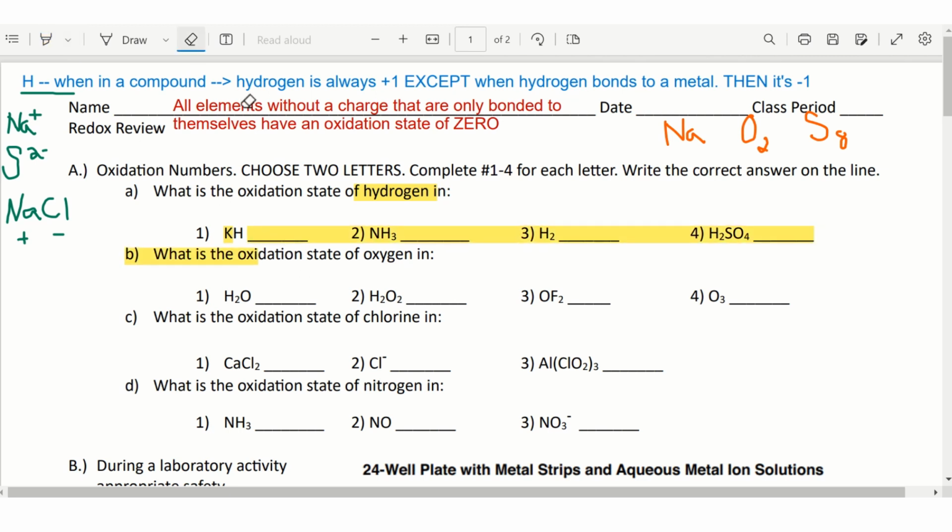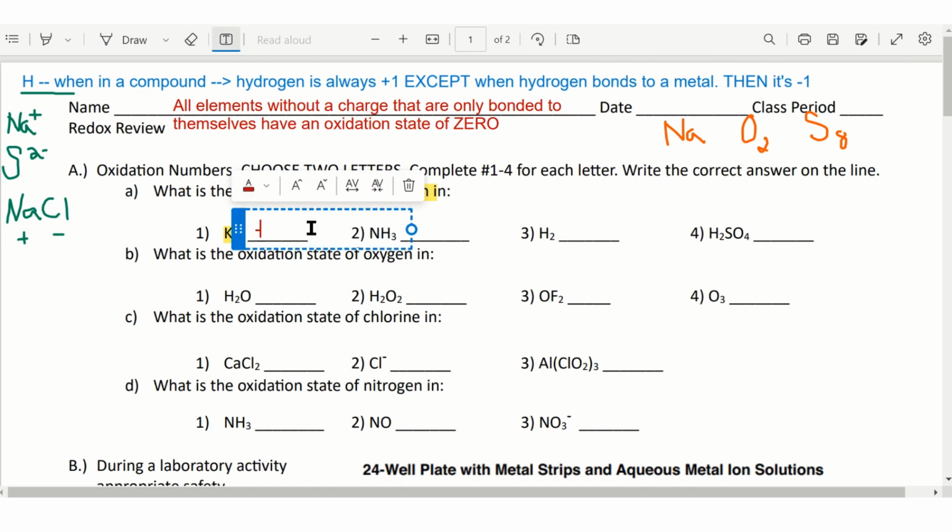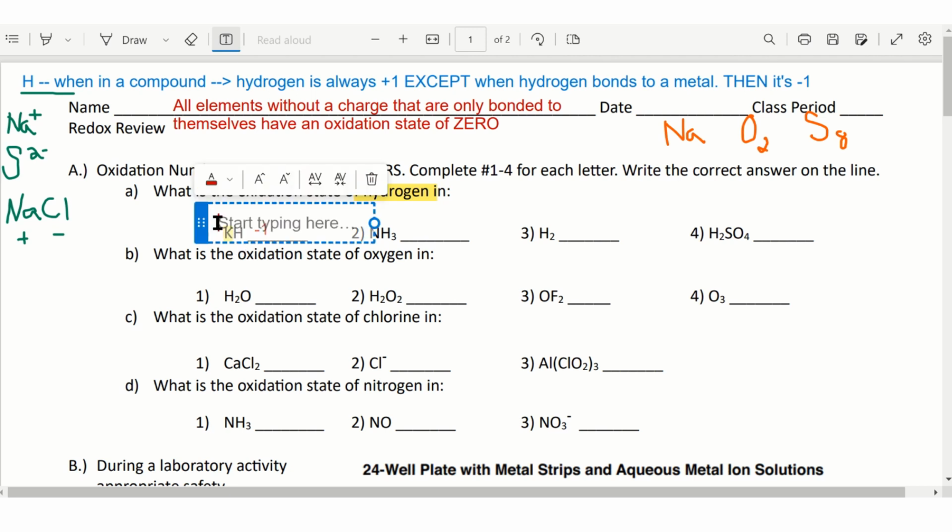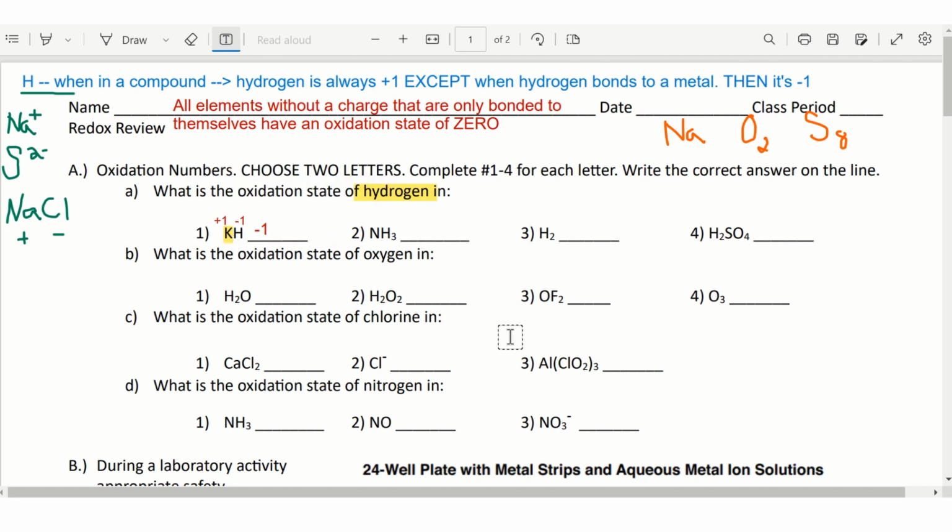Do you remember? -1. So in this case, the K is +1 and the H is -1. And there's one of each of them, so a +1 and a -1, that gives me 0, and there's no charge up there.